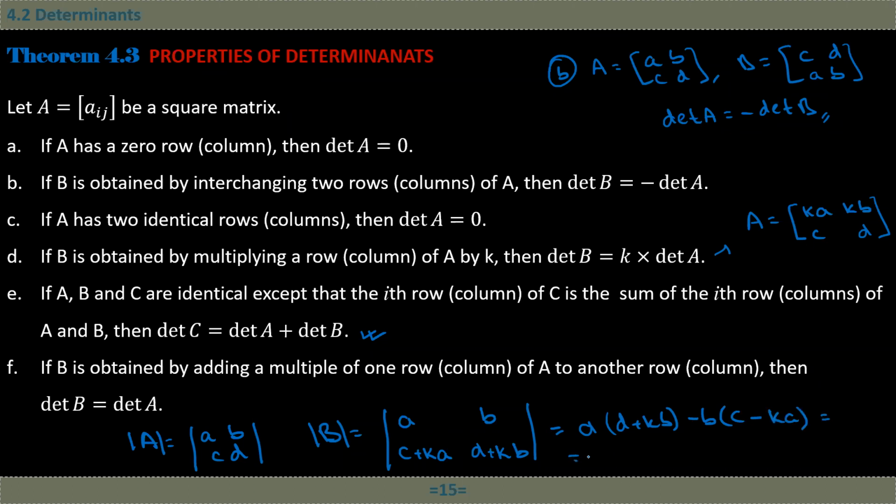If you simplify this, here we have AD minus BC, plus here I have ABK, and here minus ABK, which is equal to AD minus BC, which is equal to the determinant of A.